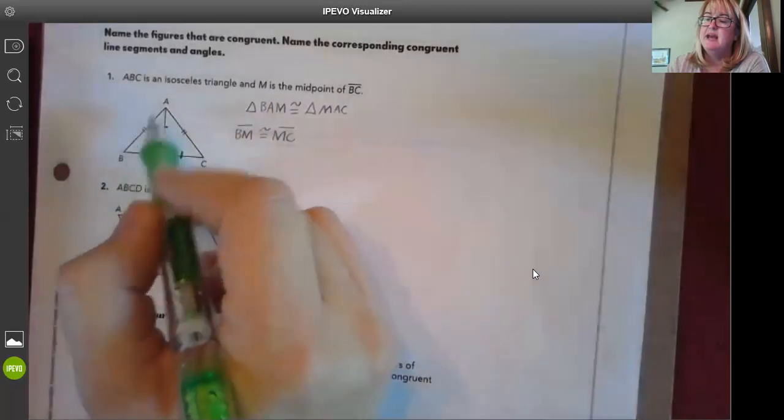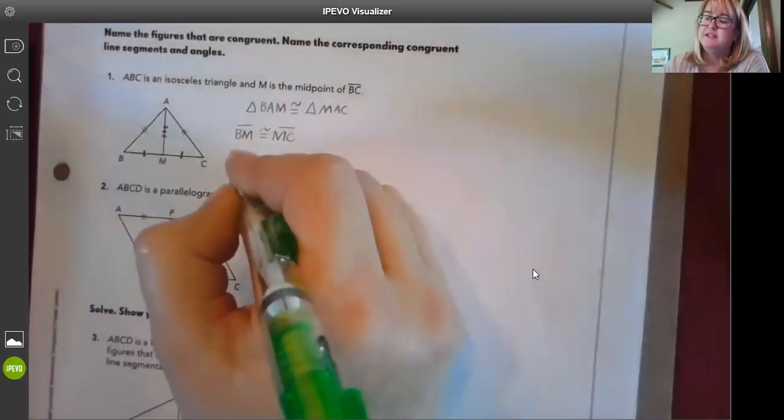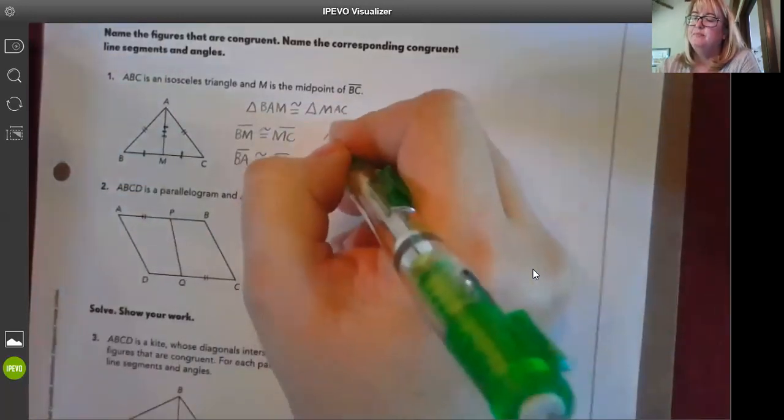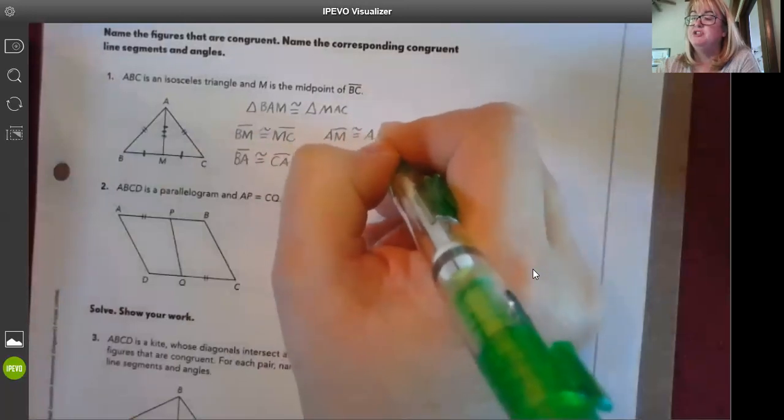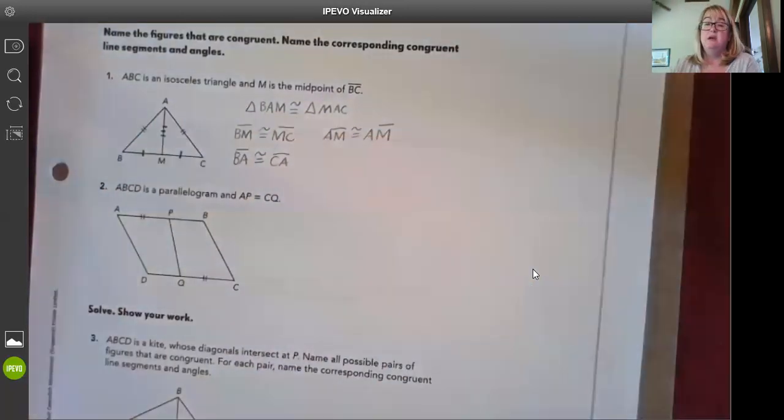Well, BA is congruent to CA. And then AM is congruent to AM. They both share that side length. Okay, so the three side lengths are the same length.